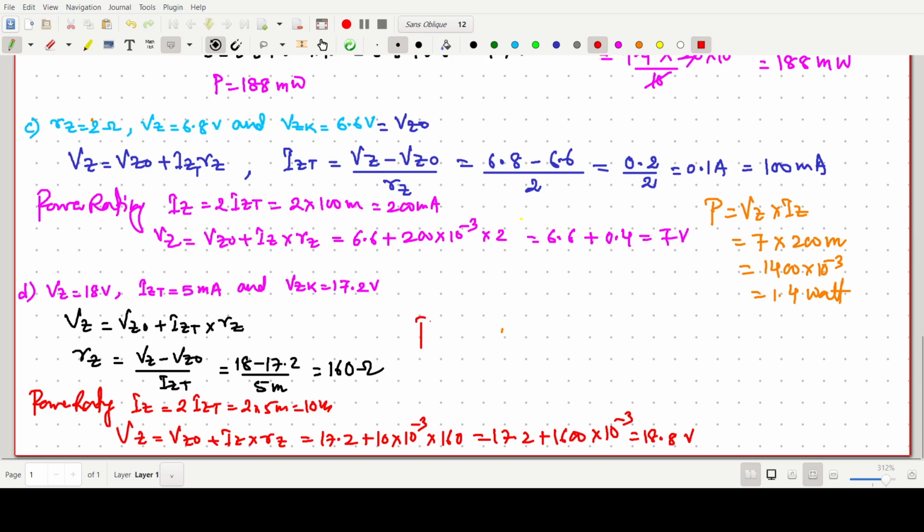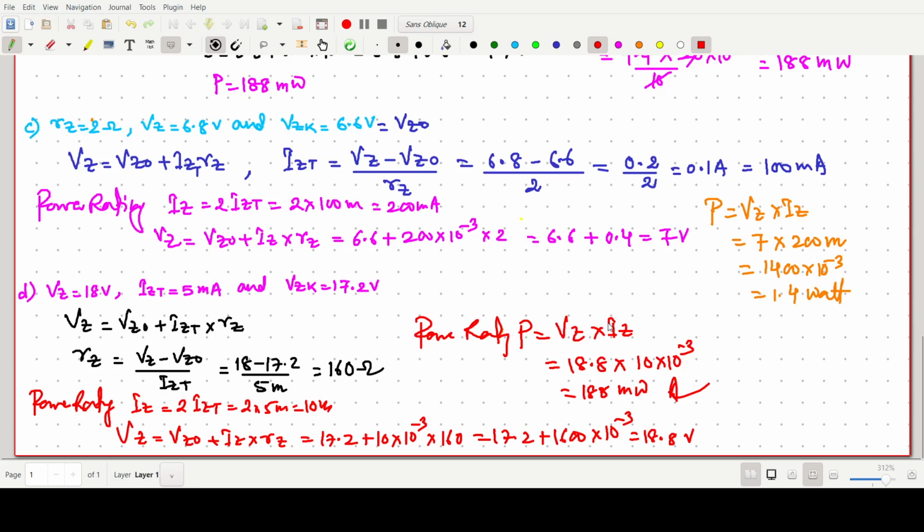The power rating is Vz into Iz, 18.8 into 10 into 10 to the power minus 3, means 188 milliwatt. So this one is the another answer.